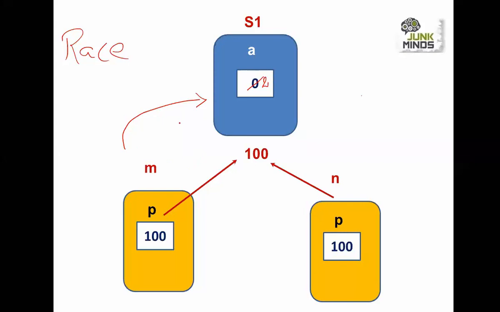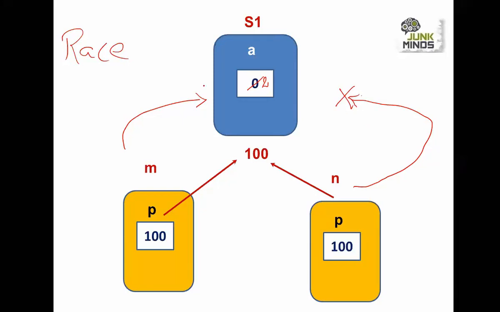And then M goes into sleep mode. Now when M goes into sleep mode, the time slice expires, and now N comes in the meantime. But now because of the keyword synchronized, N will also check, is the data being used? It finds that yes, this data is being used by someone else. It doesn't know that it is M. It is just saying that the data is being used by someone else. So N will have to wait. N will not be allotted that particular data.